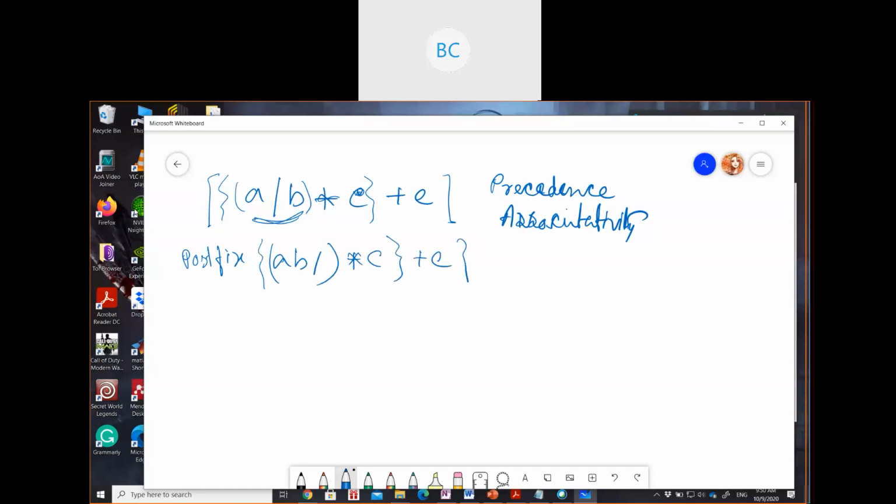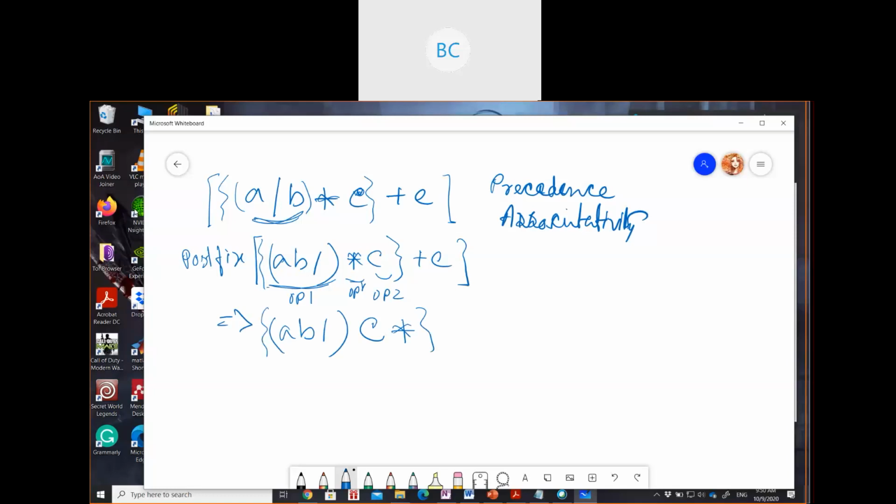For this expression, this is your operand 1, this is your operand 2 and this is your operator. So you simply put this multiplication after operand 1 and 2.